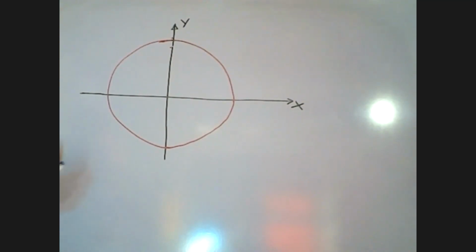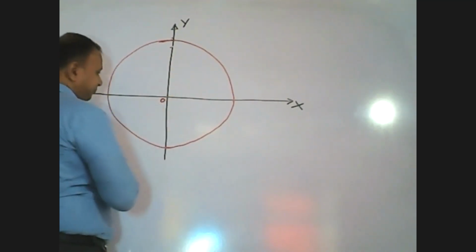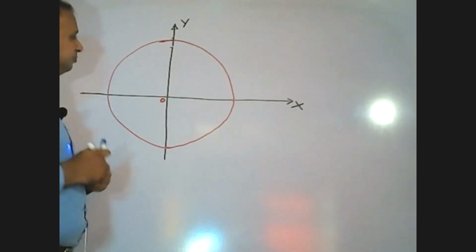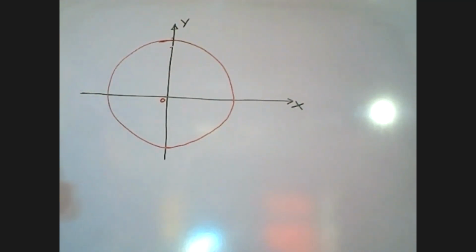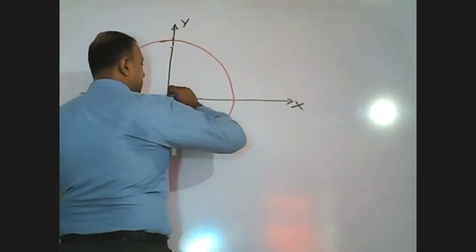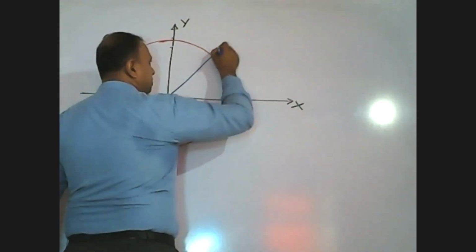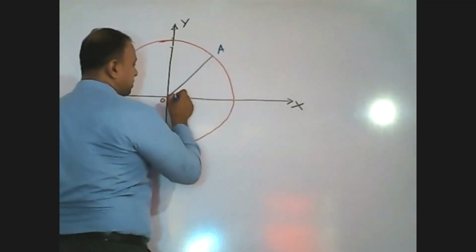Here we have a unit circle around the origin. Then this is a line.